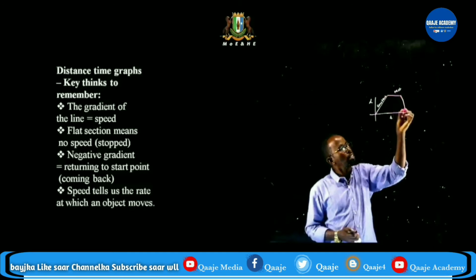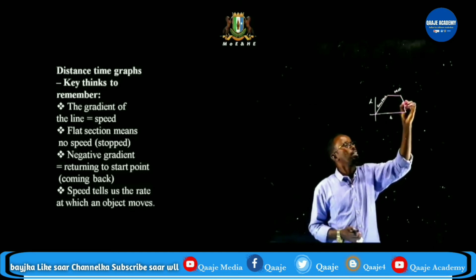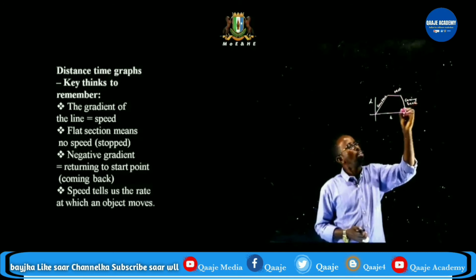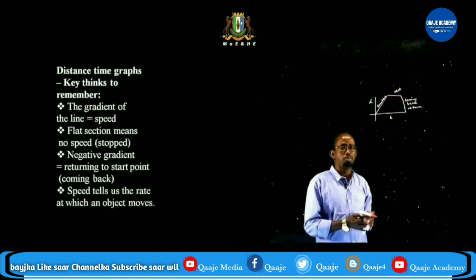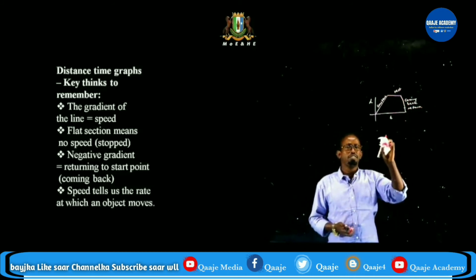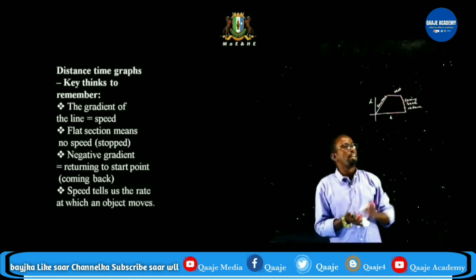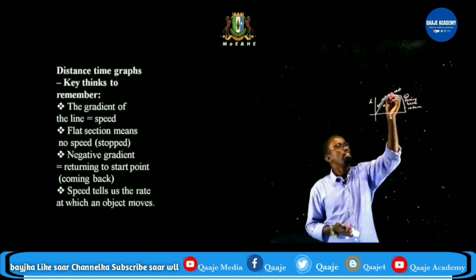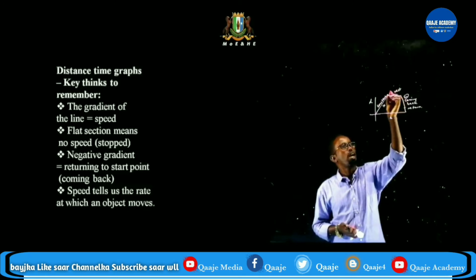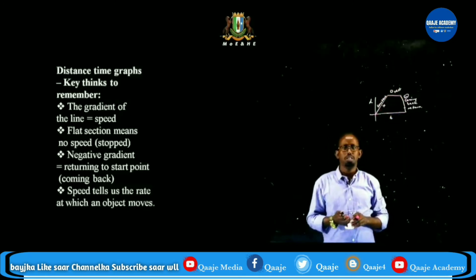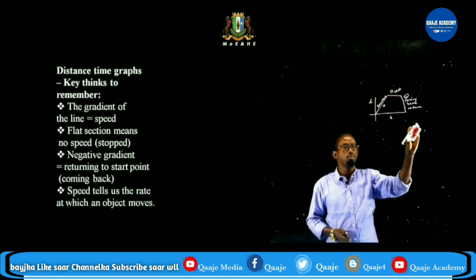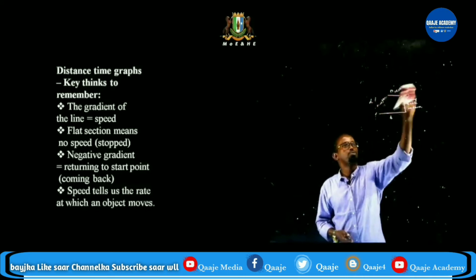And then this is coming back or return. So therefore this one is decreasing speed. Negative gradient, the gradient of this line is negative, the gradient of this line is positive, and the gradient of this horizontal line is 0. The speed tells us the rate at which an object moves.